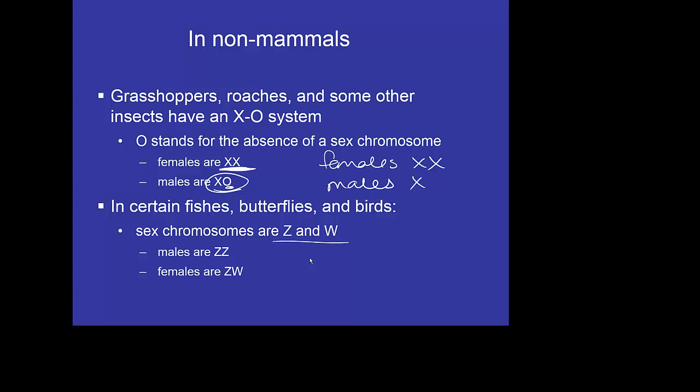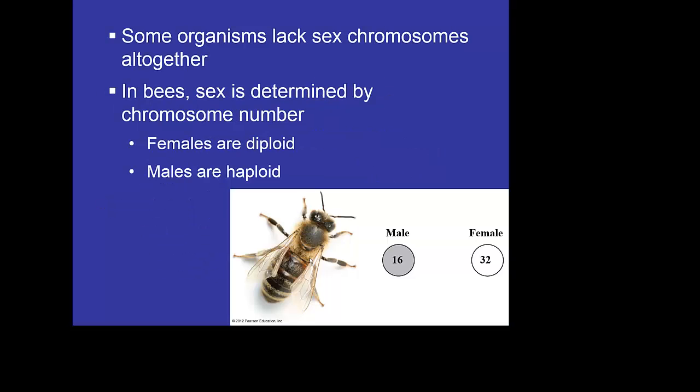I just want you to know that there are other options other than just being XX and XY all the time. Okay? Some actually lack sex chromosomes altogether. In bees, sex is actually determined by chromosome numbers. So we've said before that diploid is 2N, haploid is 1N. The males are haploid, the females are diploid in bees, and a number of other insects as well.